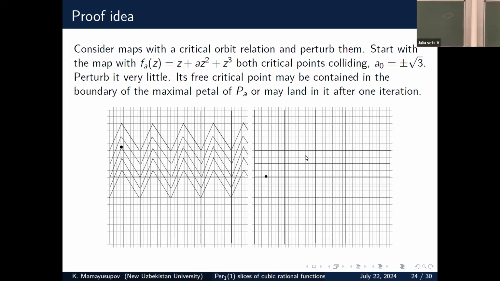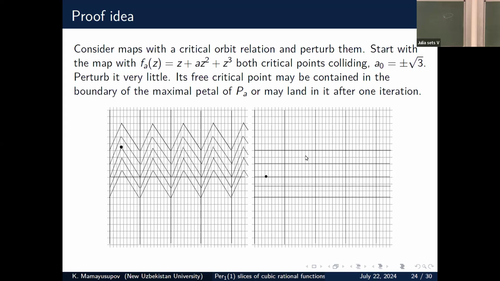So this is the first case. Another case is when you perturb it, then two critical points are on the boundary of this maximal petal, yeah? This maximal petal is the one where, when you have the Fatou coordinate, it sends you to the right half plane. You can normalize. So here is the surgery I do.